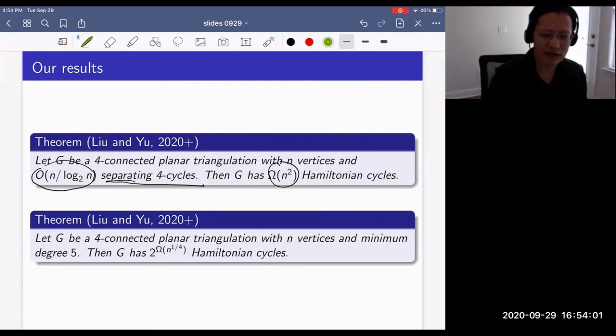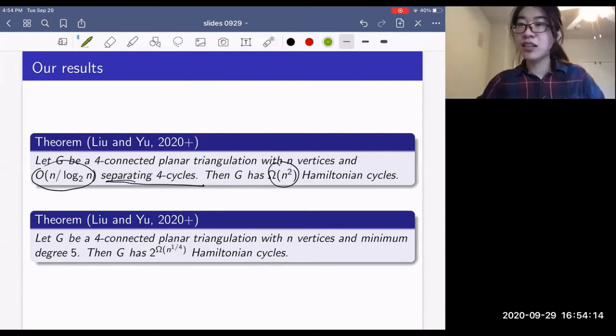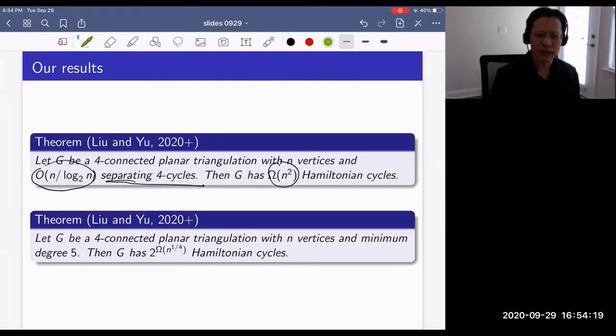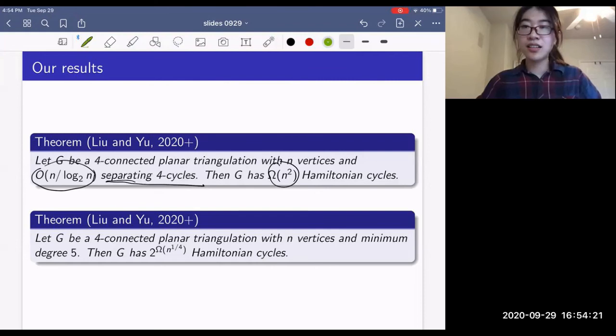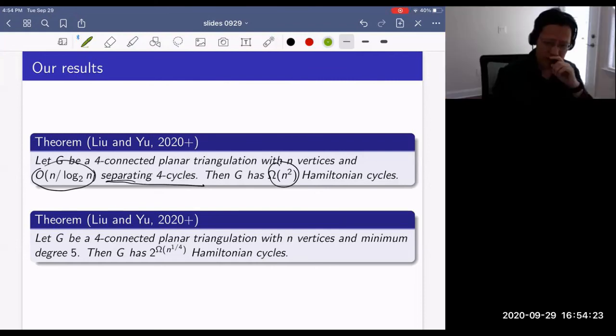Those graphs are not exactly 4-connected, and they don't have to have Hamiltonian cycles. The number could be 0, but presumably if you add additional conditions, you can relax the conditions in the result to get a certain number of Hamiltonian cycles in certain internally 4-connected graphs.